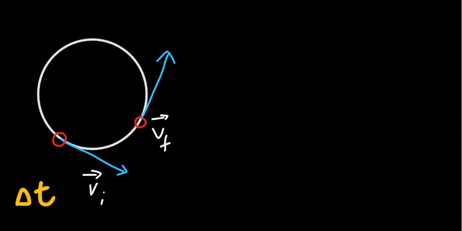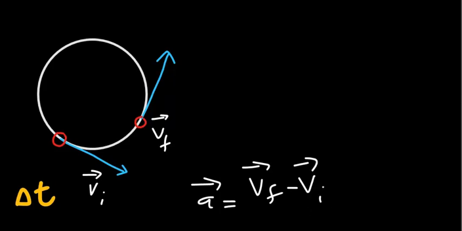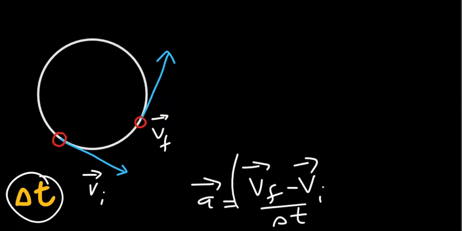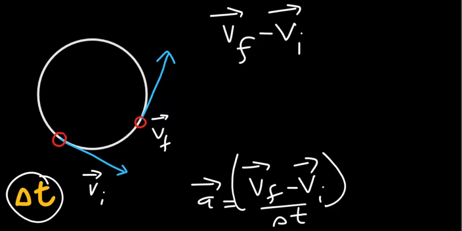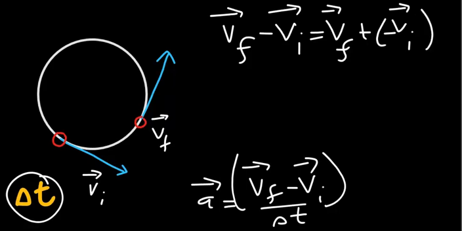As we have seen before, the acceleration, in this case it's a centripetal acceleration, is given by the final velocity minus the initial velocity over delta t, where delta t is the time interval. We need to figure out the direction of that vector. We note that vf minus vi is after all vf plus minus vi.